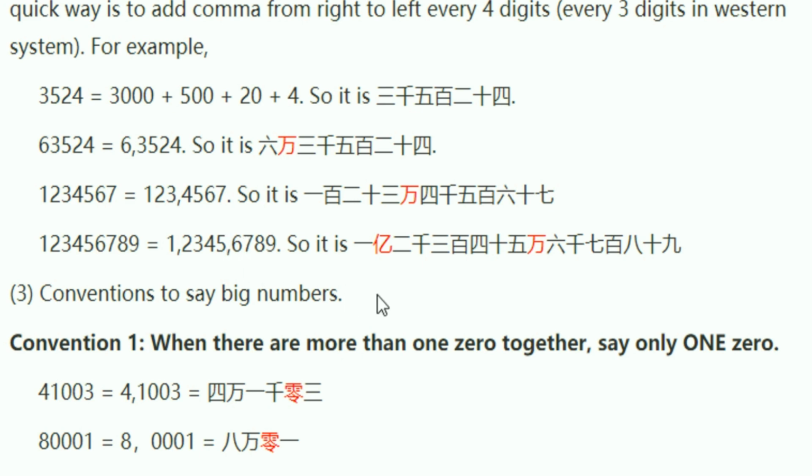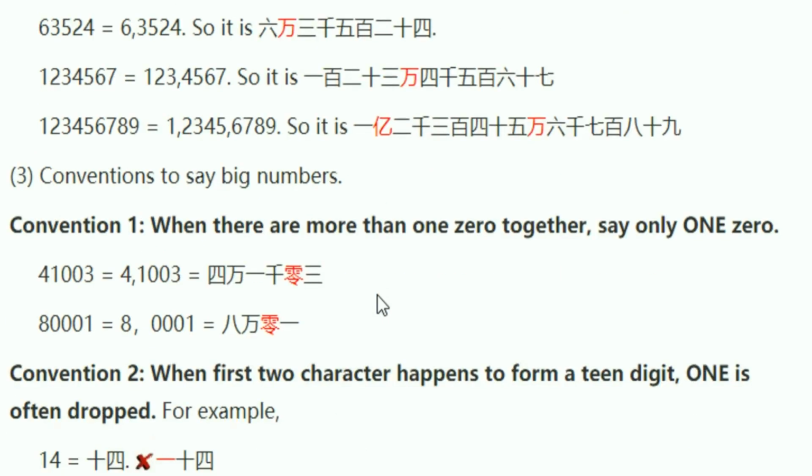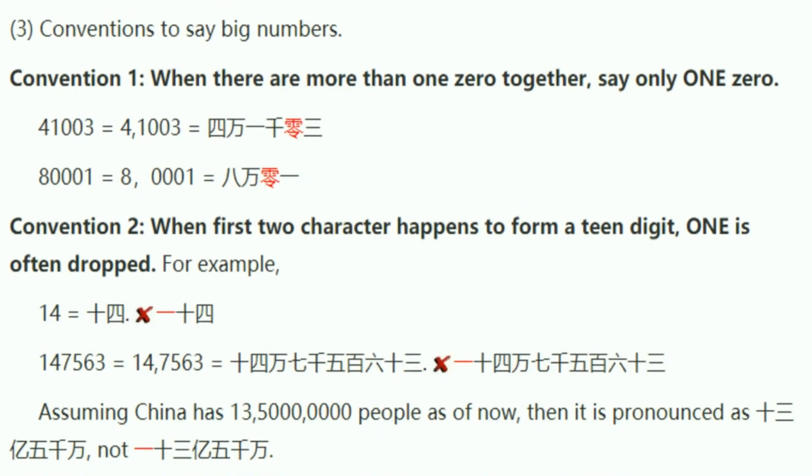We also have some rules or conventions when we say big numbers. Let's see some of them. First one, convention 1. When you have more than one 0 in a row in a number, like this one, 41003. If you want to say it, first add a comma.